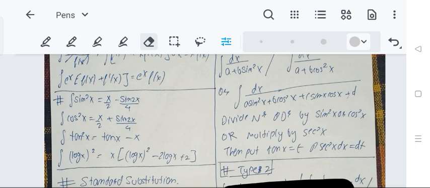Then put tan x is equal to t, and replace dx and dt terms, since secant square x dx is equal to dt.